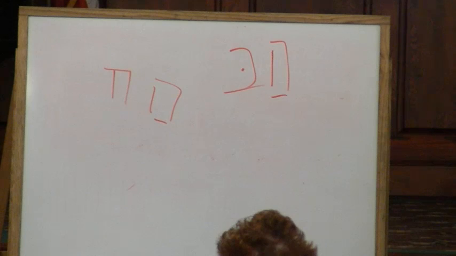Now, why isn't it hay pathak plus doubling on ish? Because aleph doesn't want to get doubled. So the dot bounces out and it goes to the bottom there. Ha-ish, the man. Well, if you say to the man, again, the lamed replaces the hay, and you just have la-ish, to the man.